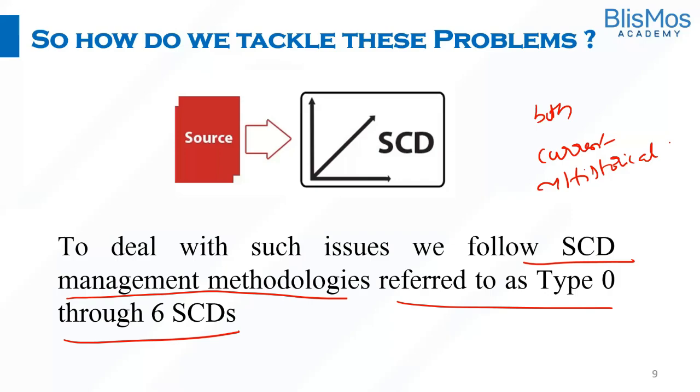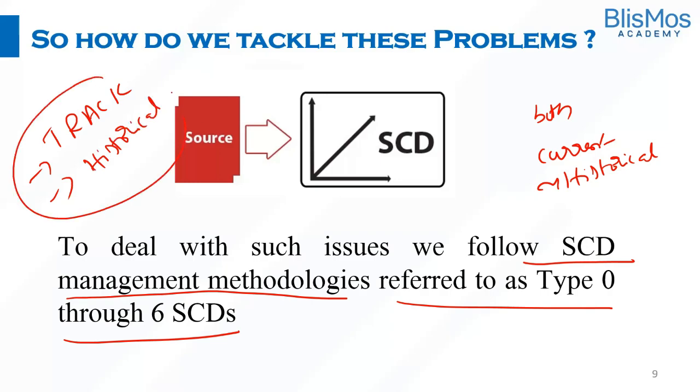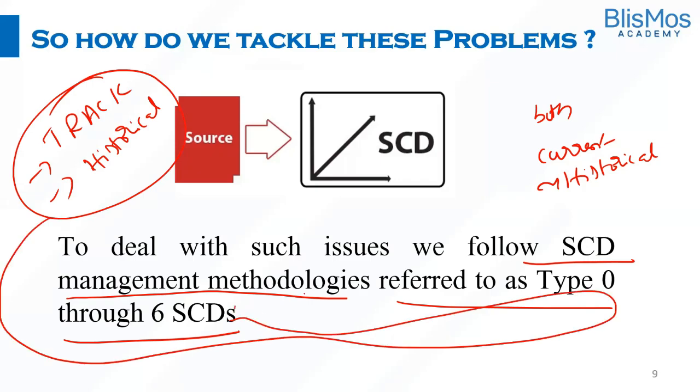It is one of the critical ETL tasks in tracking the history of the dimension record. SCD helps us to track the changes in dimension values, and it also helps us to report the historical data at any point of time. This tracking and maintaining of historical data will be dealt with through type 0 to type 6 SCDs.